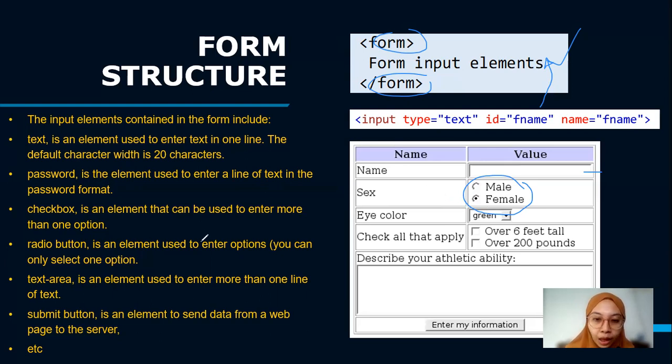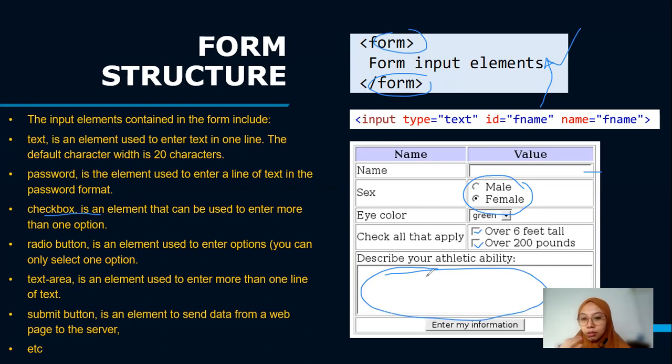Okay, and next, we can use a checkbox like this. With checkboxes, we can check more than one. So we can use checkboxes for more than one option. Okay, and here we have another input.